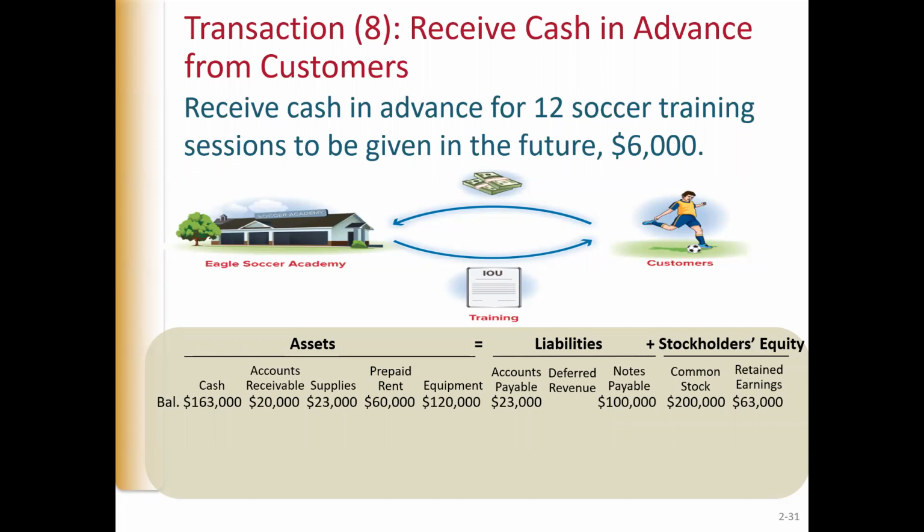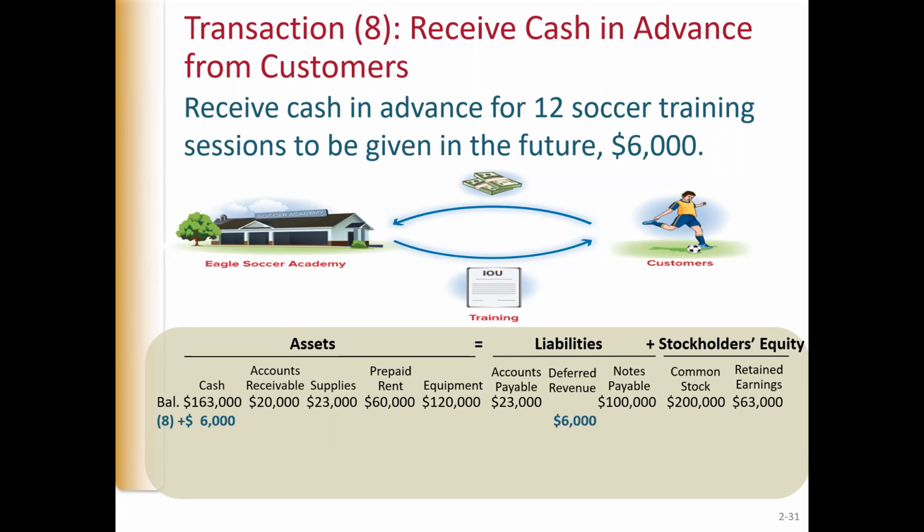Now let's think about this. We're getting cash today for something we have to provide in the future. This is why we call it a deferred revenue. We're getting the cash, but we have not yet performed the service. We need to provide the service in the future.